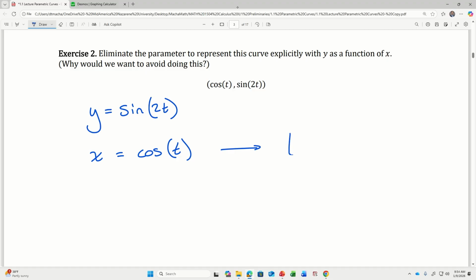So I'm going to solve for t as a function of x. If x is equal to cosine of t, then t must be equal to arc cosine of x, because arc cosine is the inverse function of cosine.